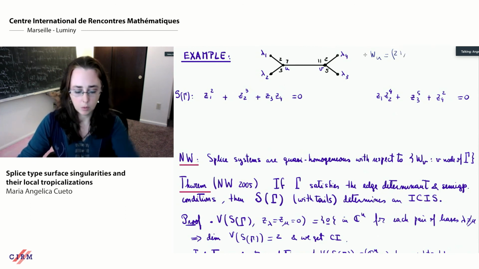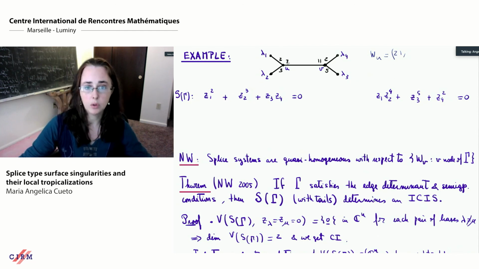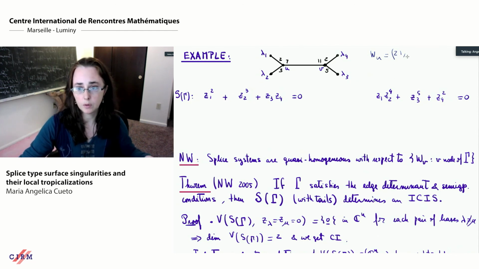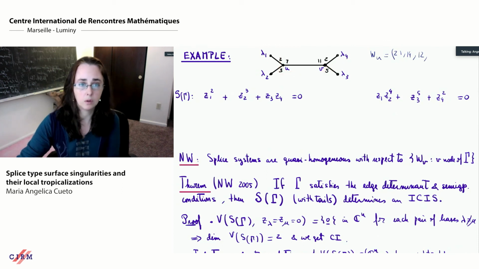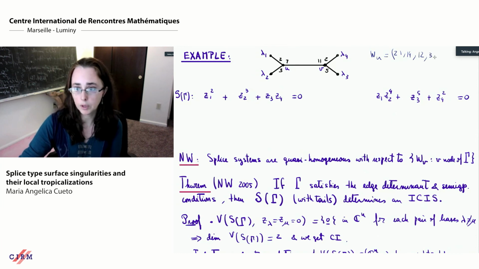Then the second one is going to be now 2 times 7, so that's going to be 14. The third one now is going to be the linking number between U and lambda 3. So I have to take the product of 2 and 3 with 2, so that's going to give me 12. And finally, for the last pair, I have to consider 2 times 3 times 5, and that's going to give me 30.